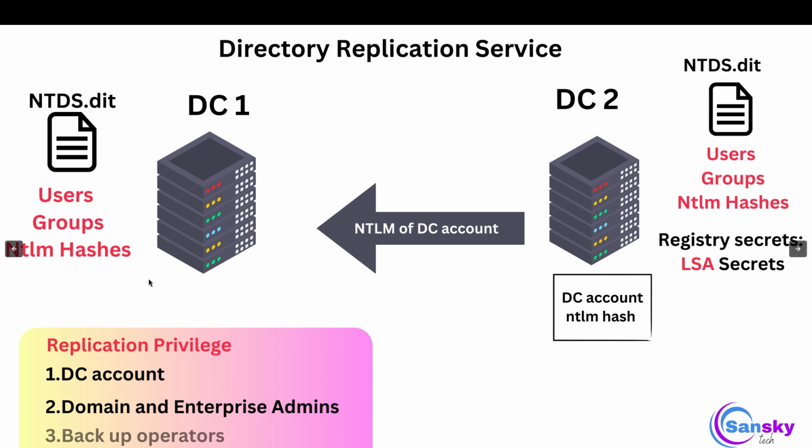So in our scenario, because of the high number of clients and the high load, we wanted to add another DC to our domain for the purpose of load balancing, which is on the right side. You can see it's called DC2.